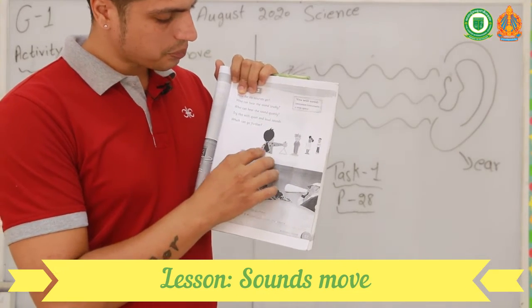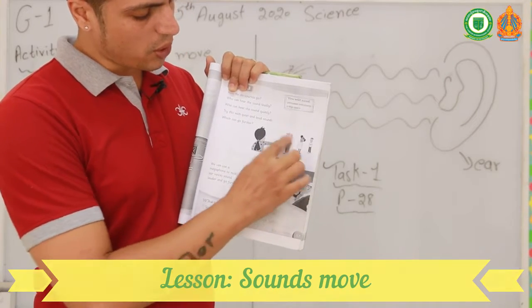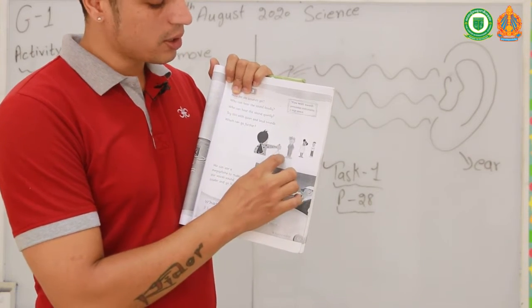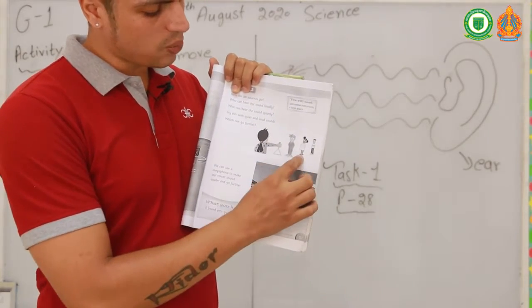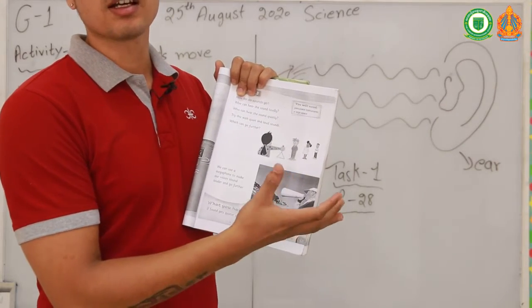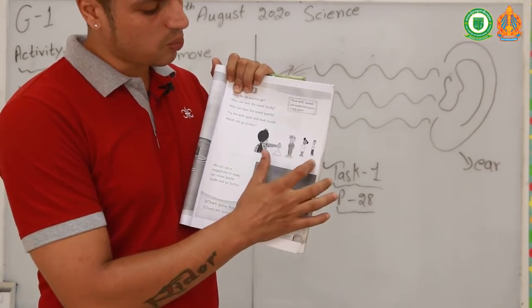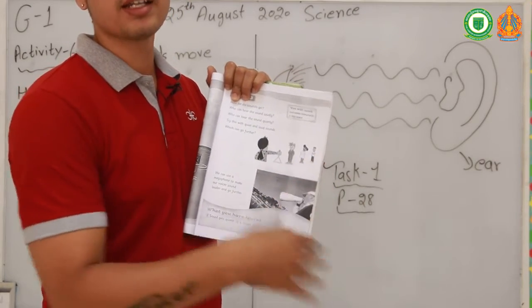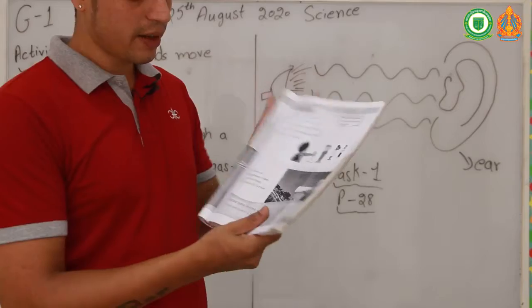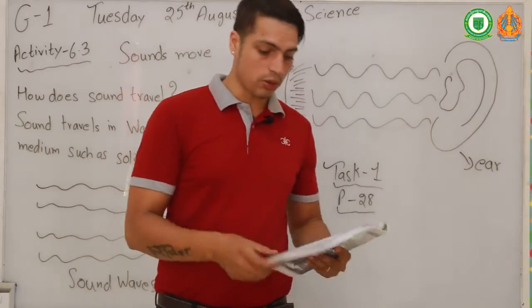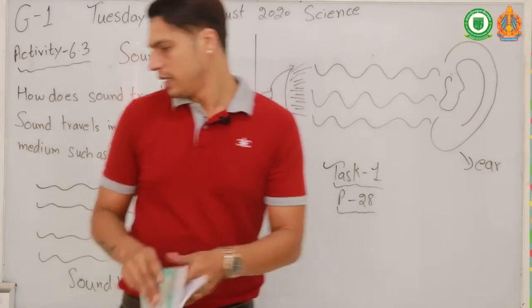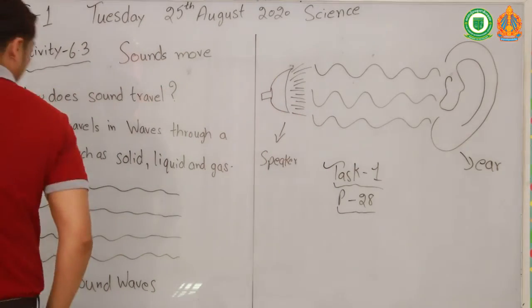This first boy can hear loud because he is close to the girl, the next one will hear a little bit more quietly, and the boy at the last will hear very quietly. That's how we know sound travels. So let's talk about this more.